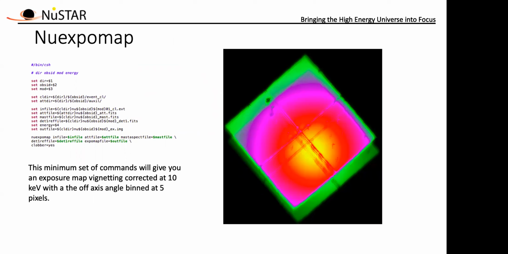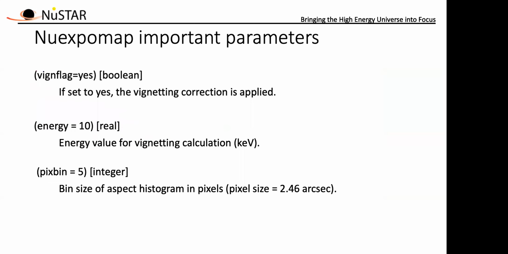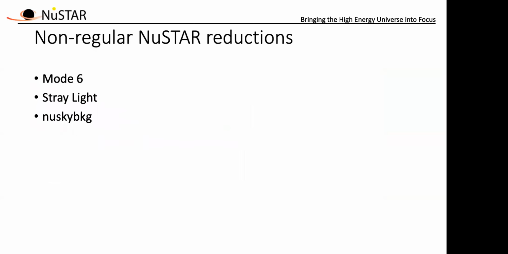Because NuSTAR can be moving about, in this case you can see this is not a perfect square. It actually has two offset squares because the pointing moved. So in sky coordinates, your detector moved a little bit over, and not all pieces of the sky have the same exposure. This particular tool allows you to calculate the exposure map, and there are instructions for doing that. I don't want to go through that.